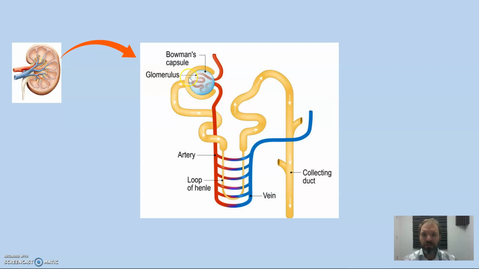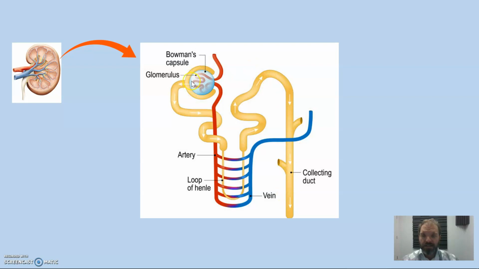All of the liquid materials can go through, but the larger things such as proteins and red blood cells don't get filtered out and they stay in the blood, whereas water and dissolved salts and sugars and other things like that do come out here into these loops of Henle, as it's called here, and into the filtrate, and then eventually out through the collecting duct.